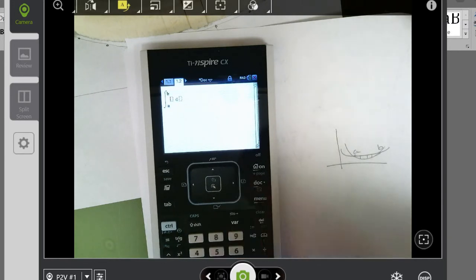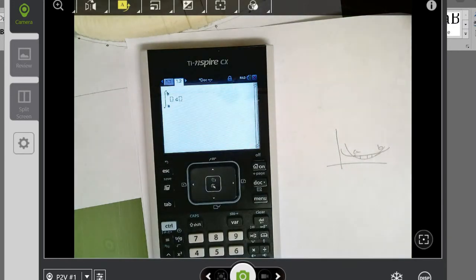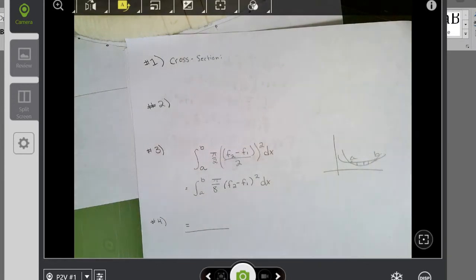So go ahead and find the value for that integral with your groups. Okay, if you guys need more time, just let the sub know to pause it, and I'm going to write the answer up in just a few seconds.